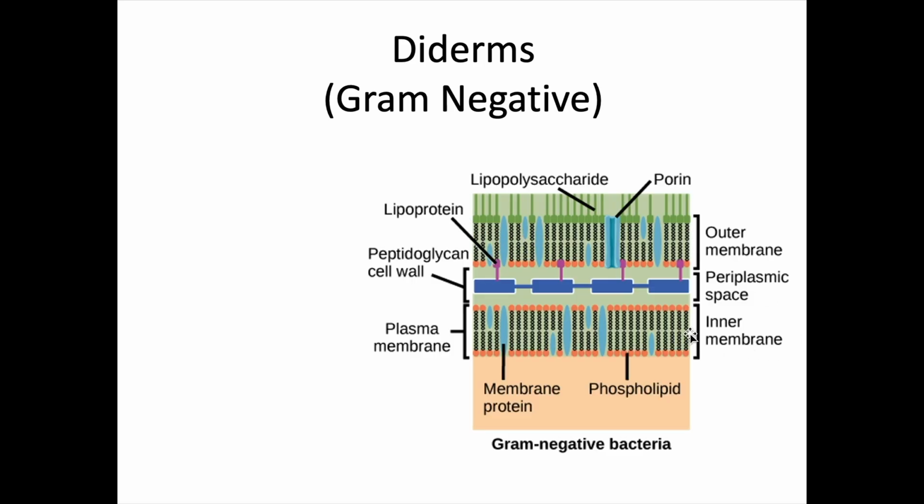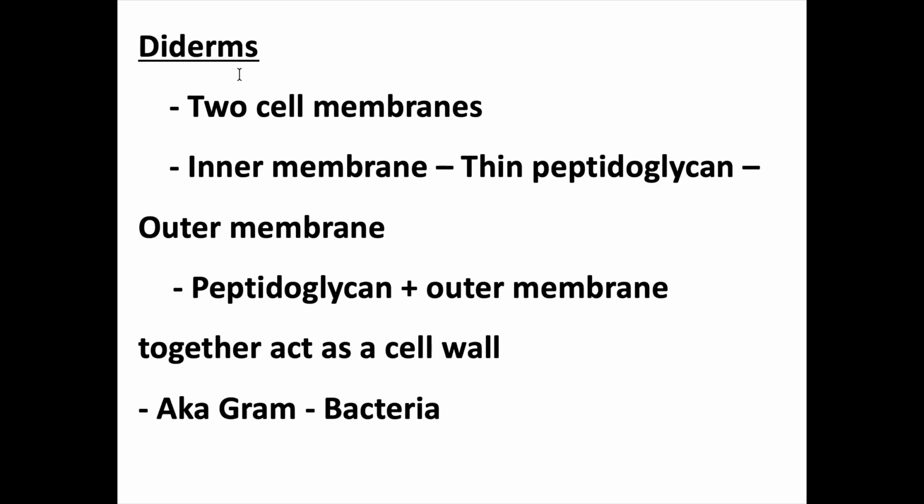These are the inner membrane and the outer membrane, sort of having 2 membranes, 2 skins. So diderms have 2 cell membranes, inner membrane, thin peptidoglycan, outer membrane, and it's the thin layer of peptidoglycan combined with that outer membrane that give them the structural stability of a cell wall.